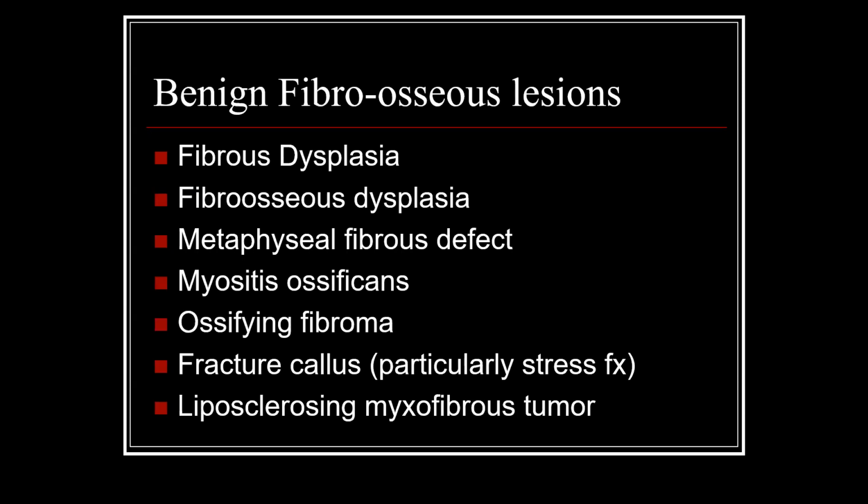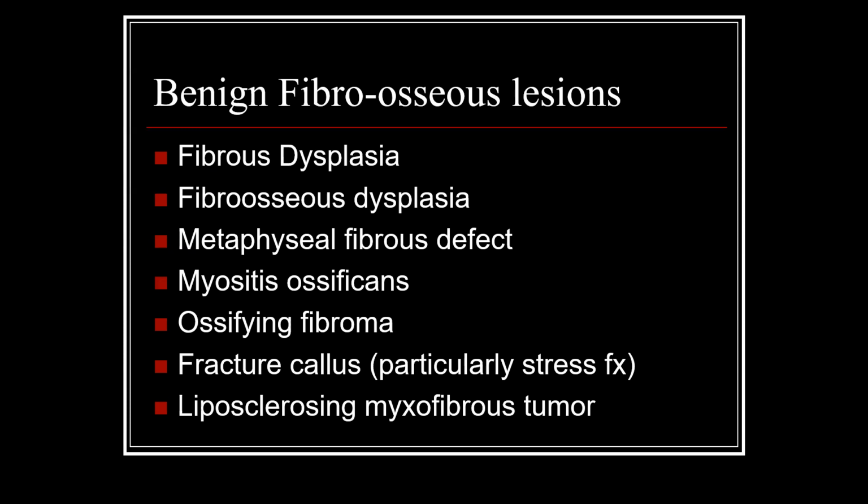All right, well, let's take the last few minutes and talk about some of the benign fibroosseous lesions that you may encounter and that may not be covered in some of the other lectures. These tend to be fairly common, and so you do need to be familiar with them.